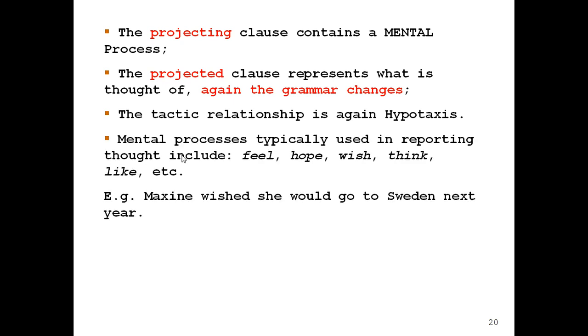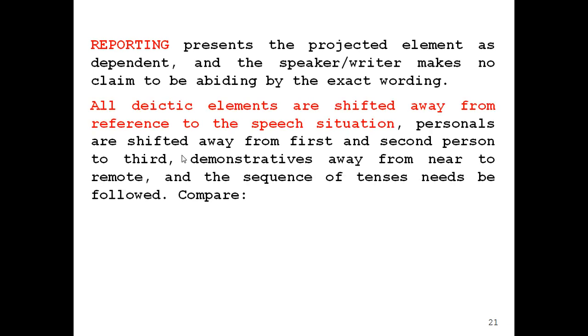And here is a list of verbs. Right. All deictic elements are shifted away from reference to the speech situation. What does this mean? Well, I think most of you are Italian speakers, so you will have been educated in Italy.